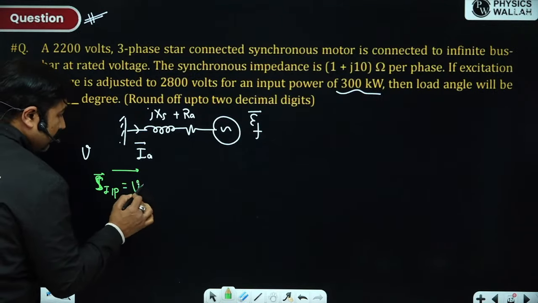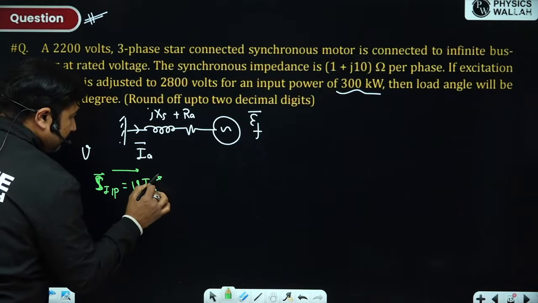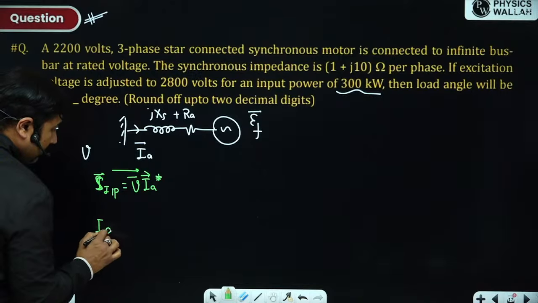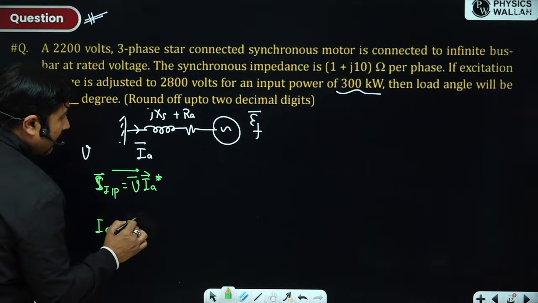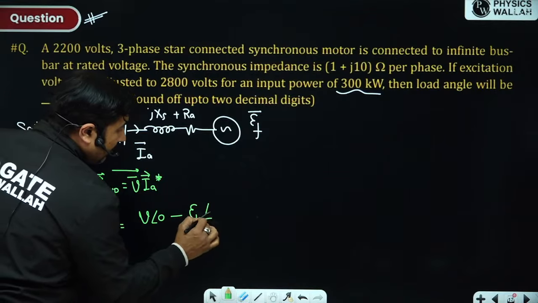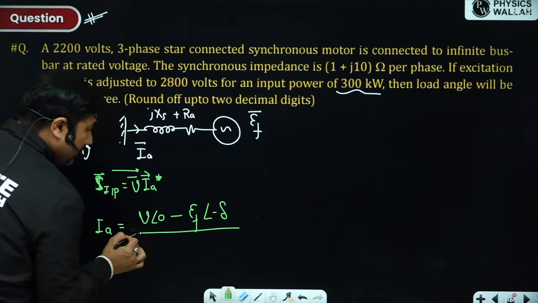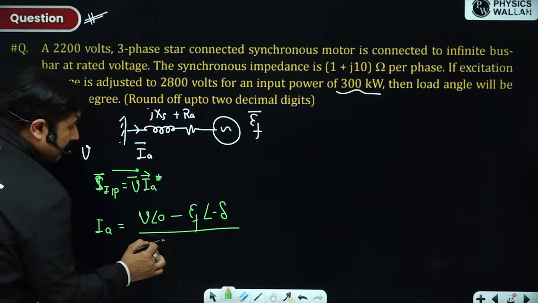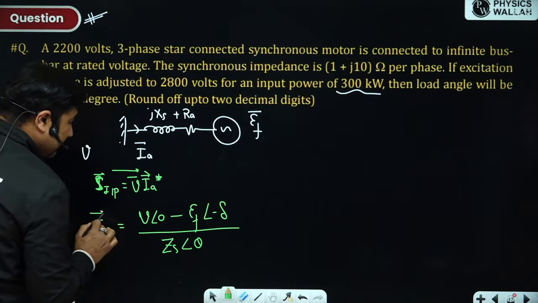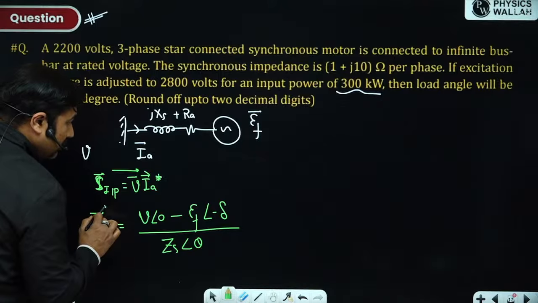So what is input? V IA conjugate. So what is IA here? IA is V at an angle 0 minus EF at an angle minus delta, because it's a motor, upon ZS at an angle theta S. Hoping all of you have remembered this. So IA is this, and you have to calculate the conjugate of this.